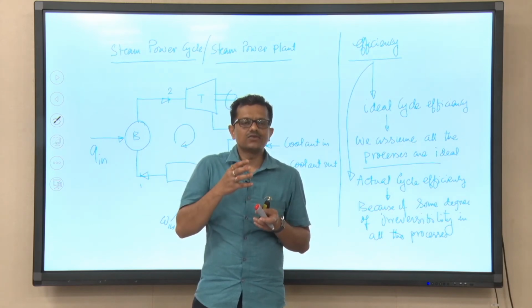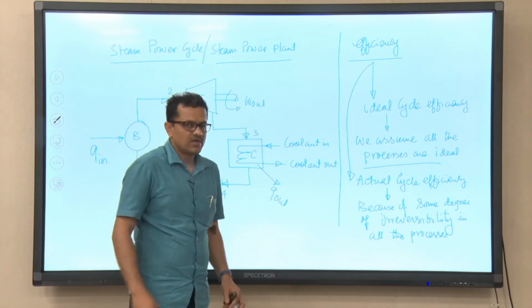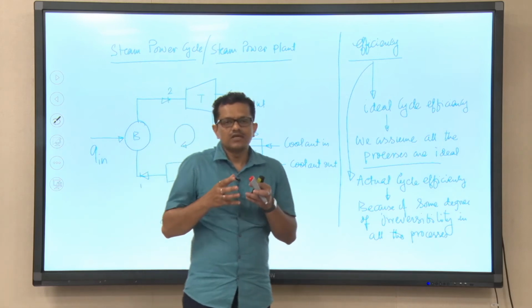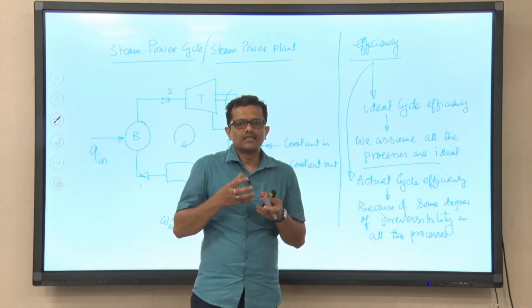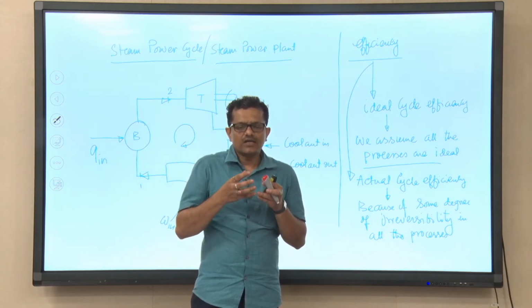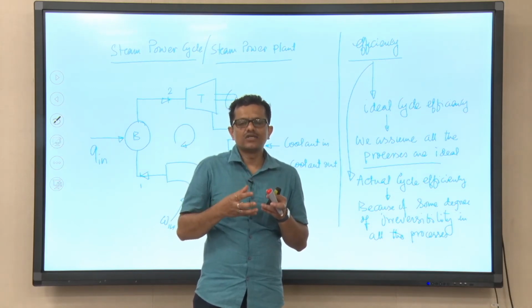So, why do we need to consider this particular term? Though we are very much familiar that in real practice the efficiency and output that we get are not the ideal ones, those are the actual.